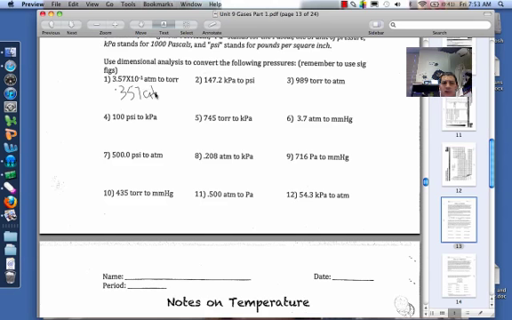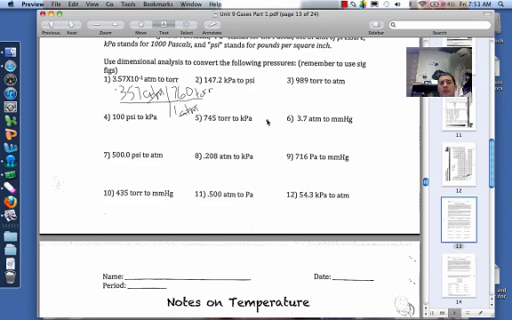We know we have atmospheres, and in the chart above it says that for every 1 atmosphere, we get 760 torr. Now, I teach my kids to do it like this, because if you have an atmosphere here and you have an atmosphere here, they just cancel out. You get rid of that unit, you multiply going across, so 0.357 times 760, and you're going to get your answer. Does that make sense?